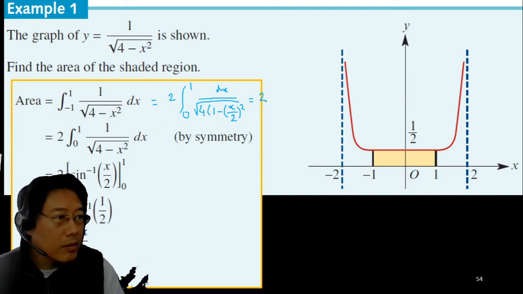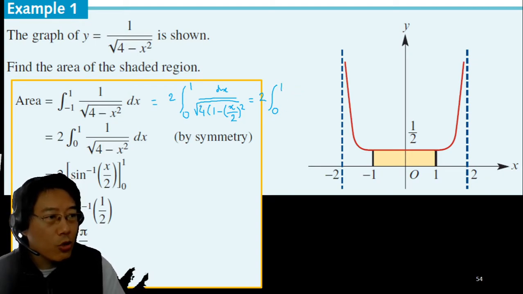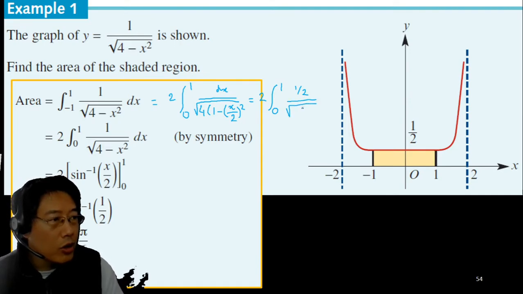So what you end up with is the 1 over 2, that's square root of 4, I'm going to bring it on top, that's going to be a 1 over 2, square root of 1 minus x over 2 squared.